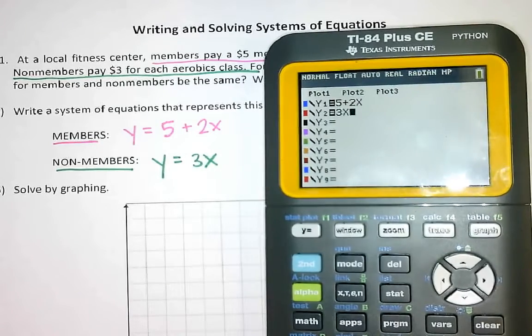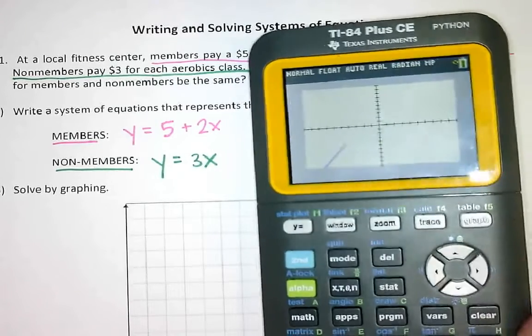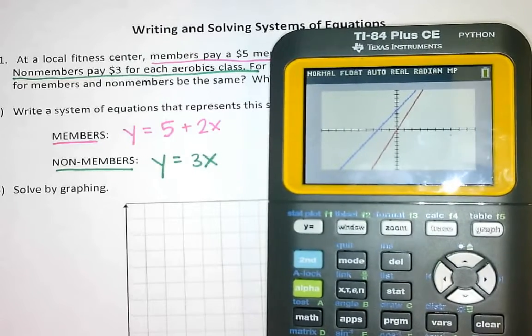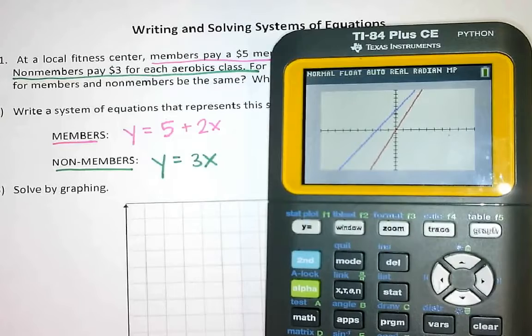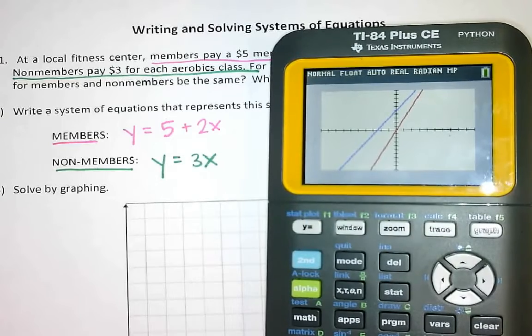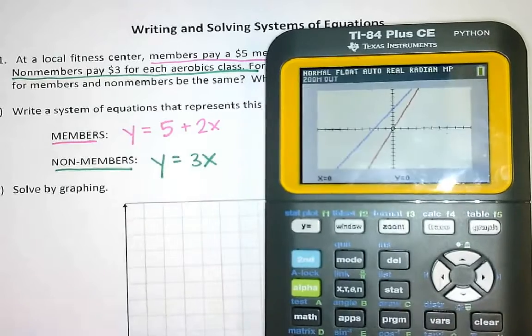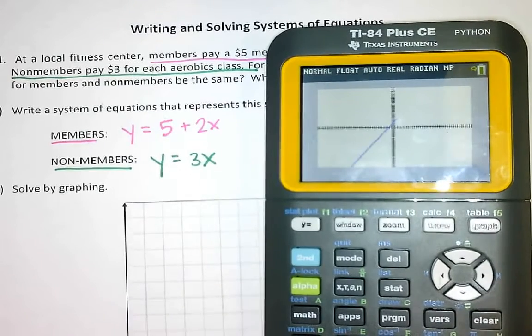Will they ever hit each other? Oh, it looks like they will, but is it going to be on this screen? So what do we need to do? Zoom out. Ooh, there it is.